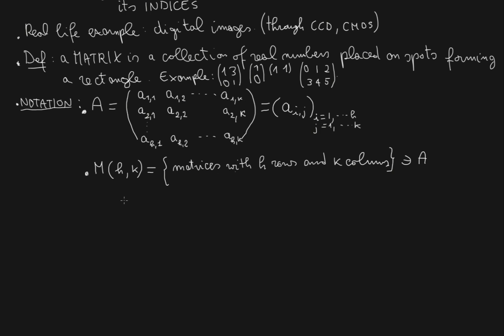As previously mentioned, the reason for restricting ourselves to arrangements of scalars, arrangements of real numbers in a rectangular shape, is because we want to introduce an extra algebraic structure to these objects, which is going to be different from the sum and the multiplication by scalars, which give the set M(h,k) a structure of vector space.